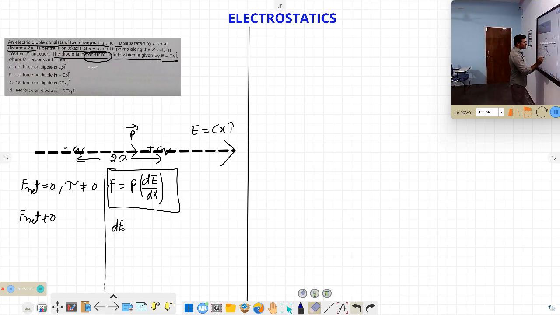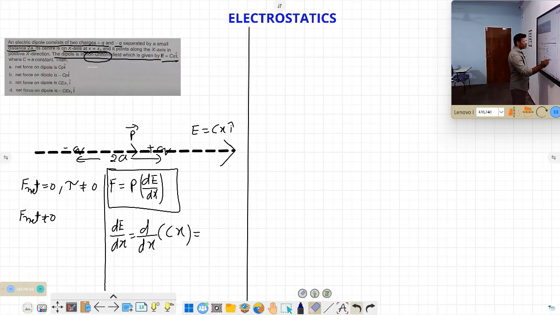So dE by dx equals d by dx of Cx, with i as the direction, in the direction of the x-axis.